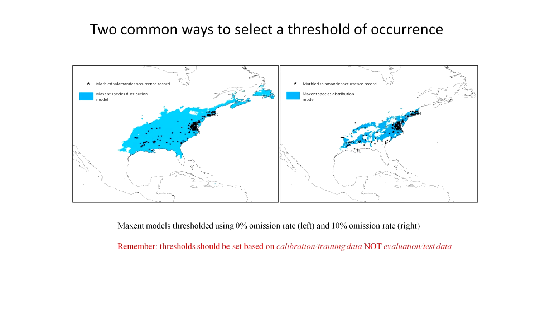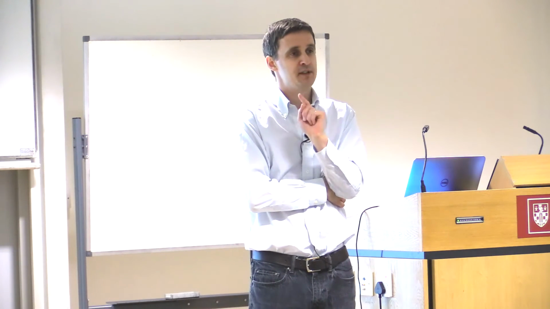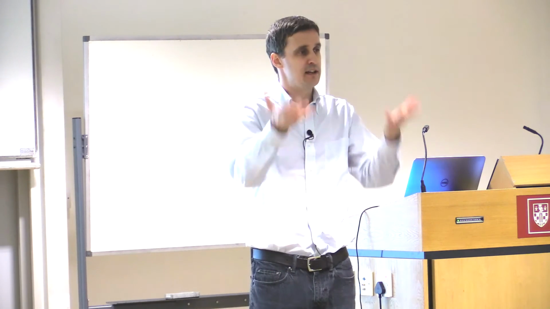That one point is going to massively impact your distribution if you use a 0% omission, because you're going to have to include it. So of all your records, 99 of them might be predicted at 0.9 probability and above, but one of them is 0.3, so you're going to have to set your threshold at 0.3, which will vastly impact your prediction.